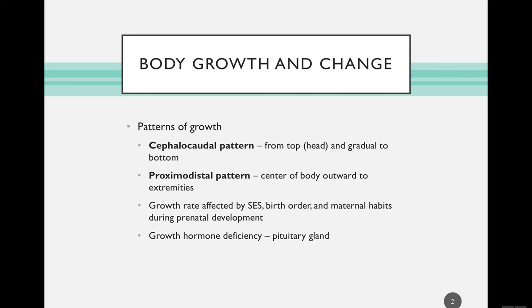This means that the head grows first and other parts of the body will grow later. And as you think about it, this is logical since the brain regulates functions that are essential to the growth of other parts of the body. And especially also the eyes and brain, they grow faster than other parts of the head, even such as the jaw.